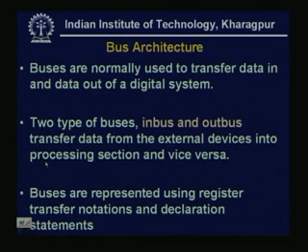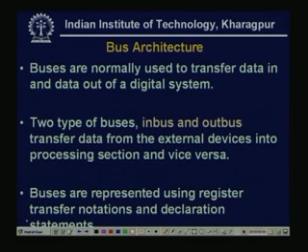Now, another very important thing in control unit design is called the bus architecture. So, what is a bus? Buses are normally used to transfer data in and data out of a digital system.